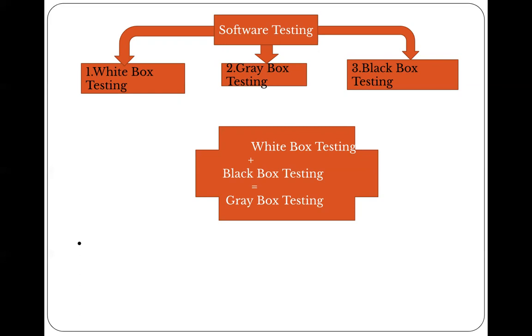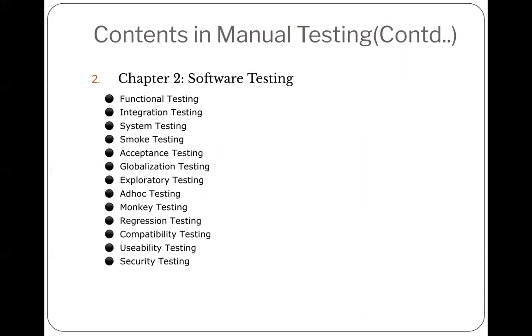It is done by the developers themselves. Black box testing is done by the software test engineers, those who are experts in coding, and they will also be involved in the code review of the software. Now we can see the types of black box testing.